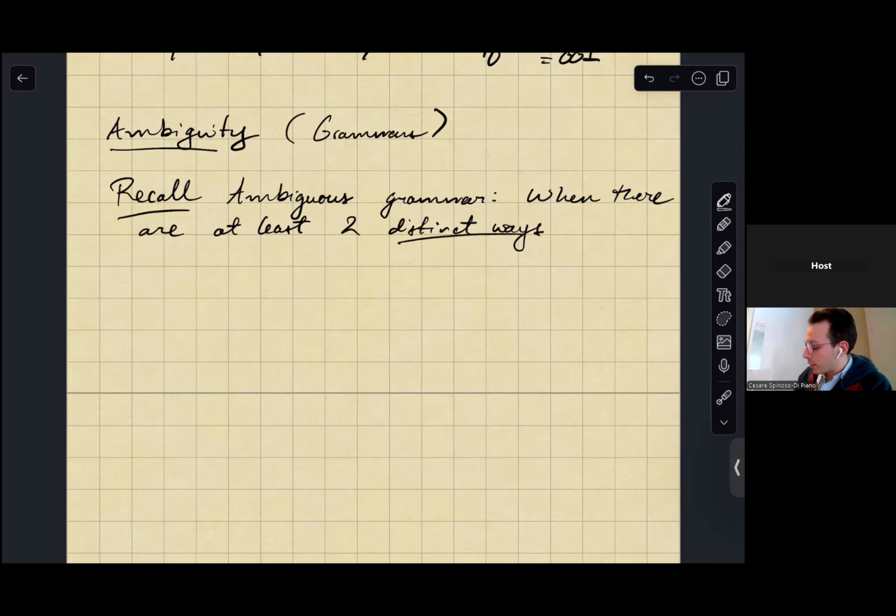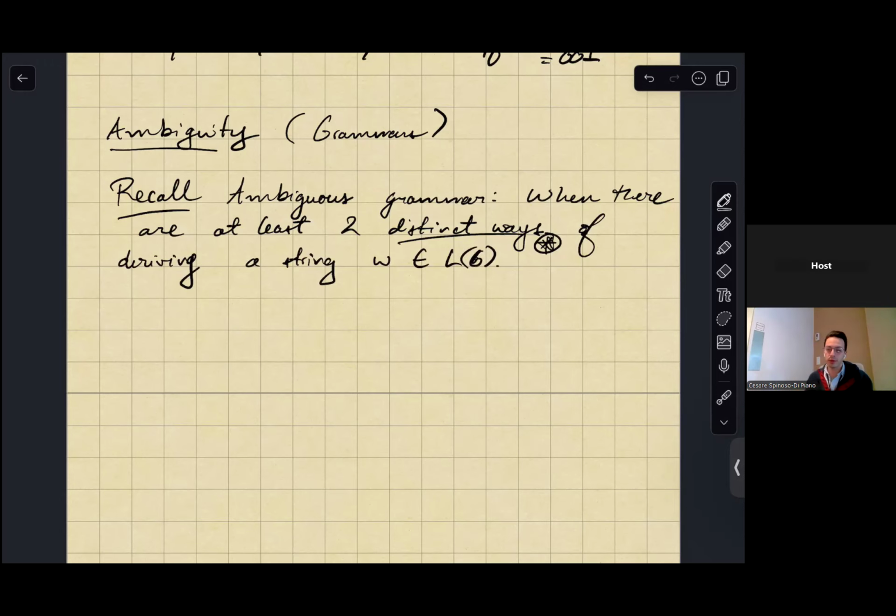Let me put a big asterisk on what distinct ways is. I have to talk about that in a second. But there are two distinct ways of deriving a string W in the language generated by the grammar, right?